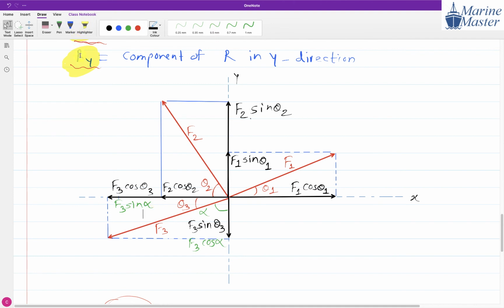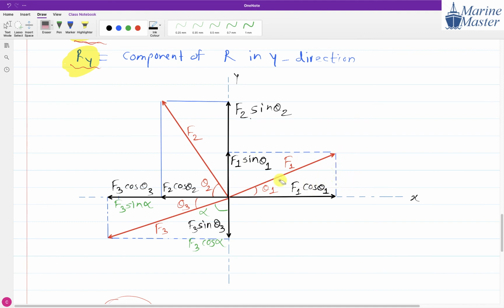Sir, what I understood, can I explain? If we take this theta 1, this F1 is the hypotenuse, and theta 1 is there, and the adjacent we are taking as F1 cos theta 1, and the opposite side is this dotted line. Whatever it is, it will be the same, as we have seen in the triangle.